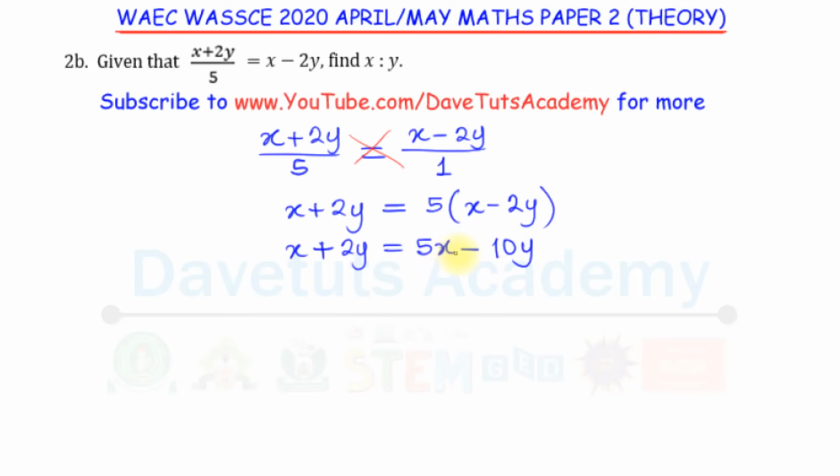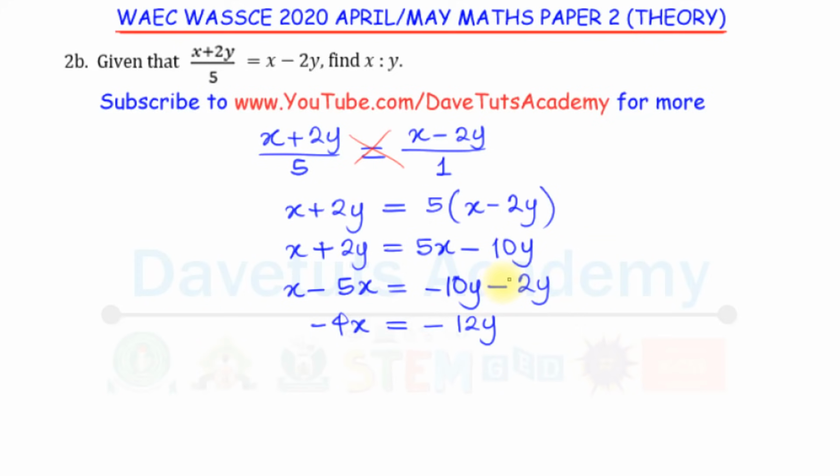If I take 5x to the left hand side, I will have x minus 5x is equal to minus 10y, and when 2y moves to the right hand side, it becomes minus 2y. So I will have x minus 5x is minus 4x, equal to minus 10y minus 2y is minus 12y.